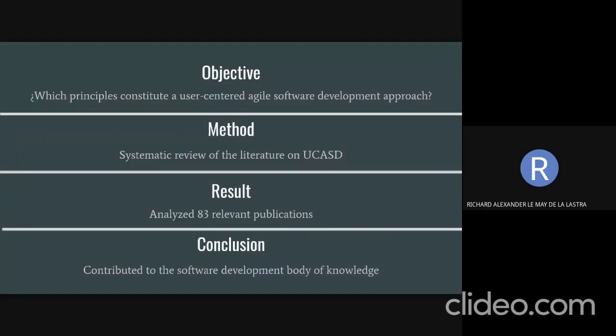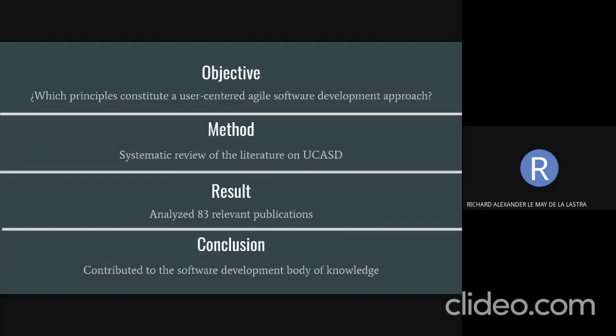To start, the objective of this paper was to capture the current state of the art in UCASD approaches and to derive generic principles from these approaches. Specifically, we investigated the question: which principles constitute a user-centered agile software development approach?